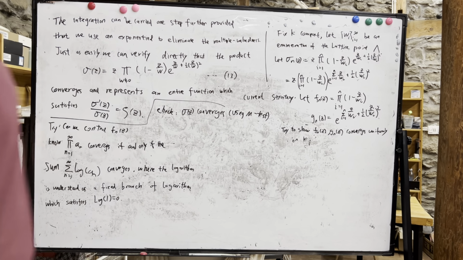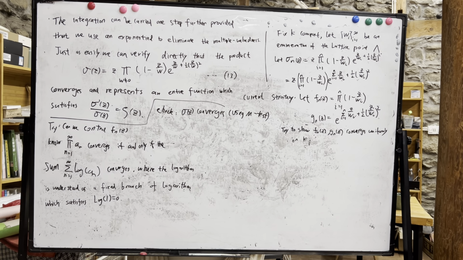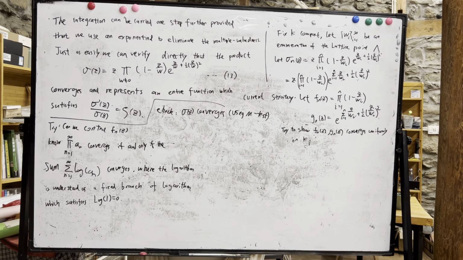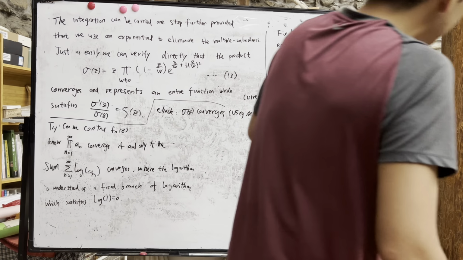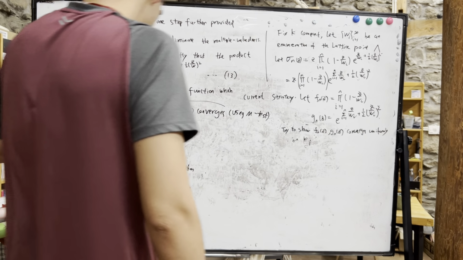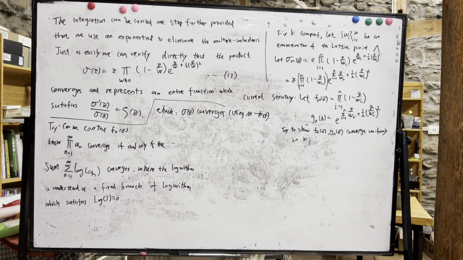Okay, so let's see. So why does taking the natural log of Fn give us the convergence?